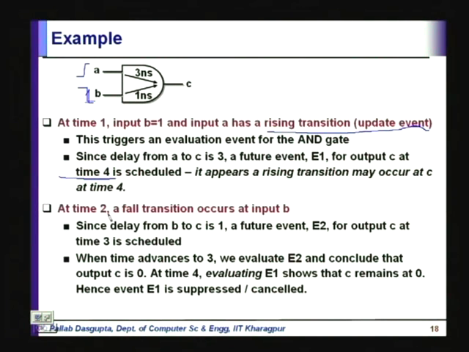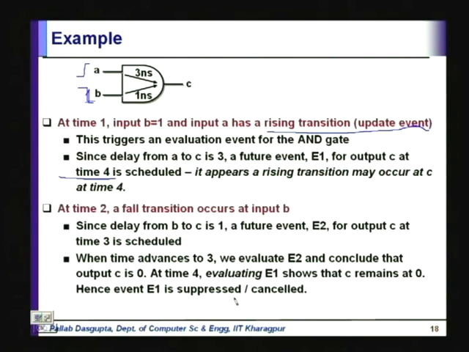Since the delay from B to C is 1, a future event E2 for output C at time 3 is scheduled. Now, when time advances to 3, we evaluate E2, we evaluate this gate and conclude that output C is 0, right. And at time 4, when we evaluate E1, the first event, we find that C remains at 0. So, the event is suppressed or cancelled.